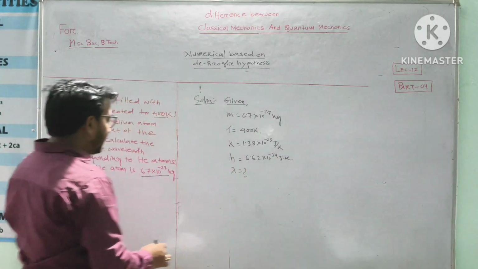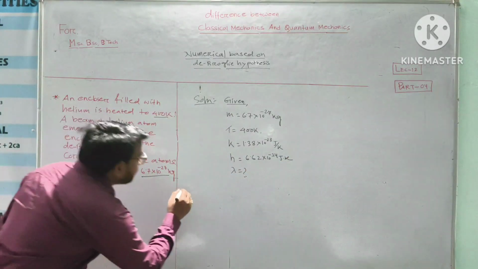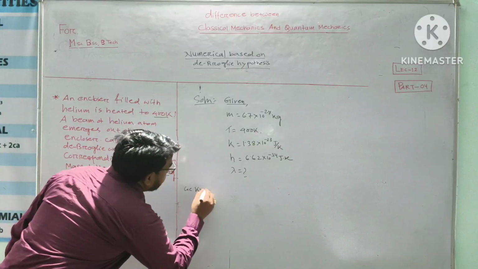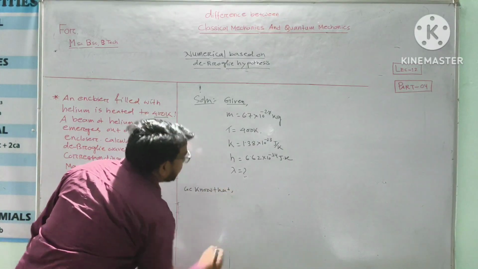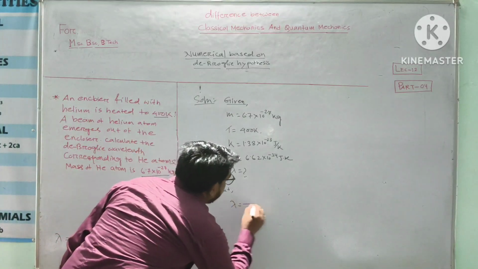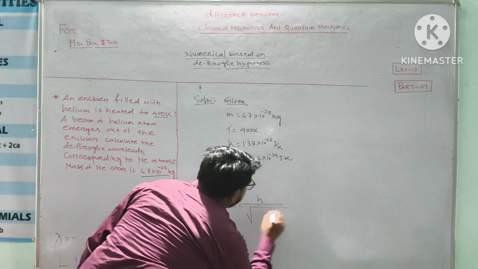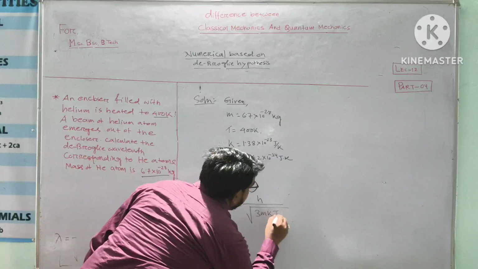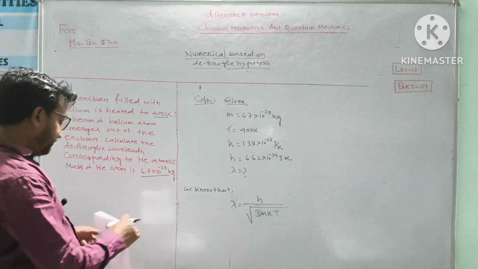Okay. So we know that by using de Broglie wavelength in terms of temperature, lambda equal H by under root of 3mKT. Okay.